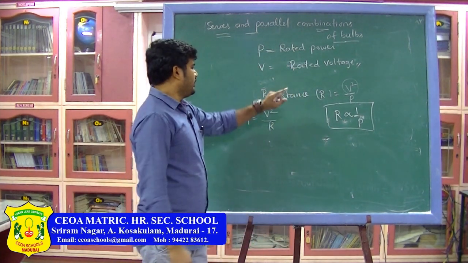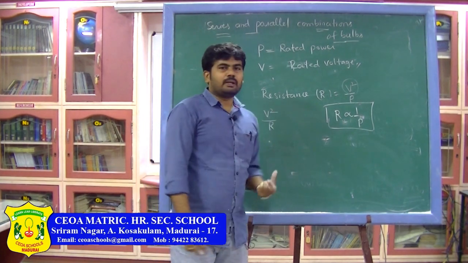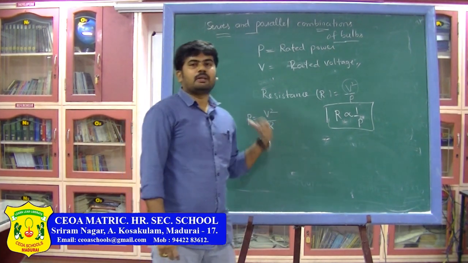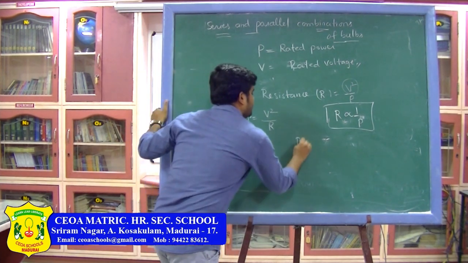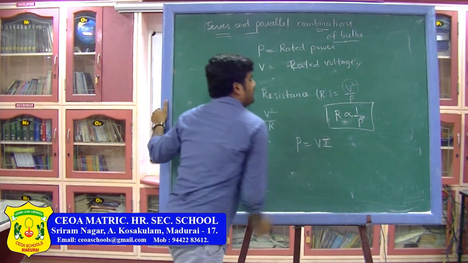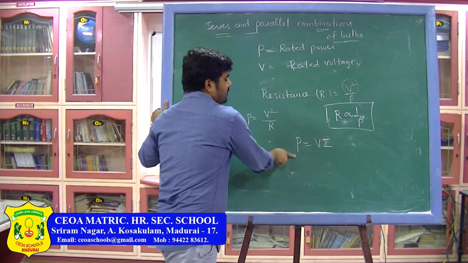Similarly, we can calculate the allowable current, the maximum possible current through that electrical appliance, using the rated values. We know power is equal to V into I, where V is the rated voltage and P is the rated power.